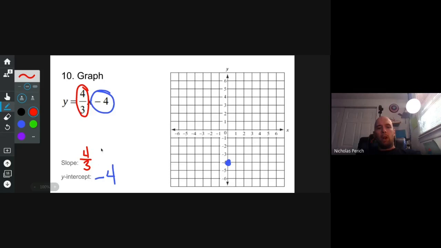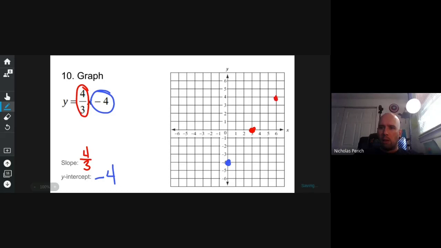This is a positive slope, which means up and to the right. Up 4, right 3. So go to my blue dot, up 1, 2, 3, 4, right 1, 2, 3. Put a dot. Up 1, 2, 3, 4, right 1, 2, 3. Put a dot.